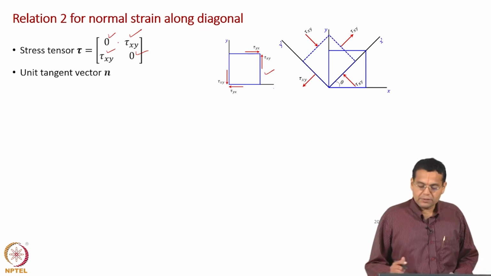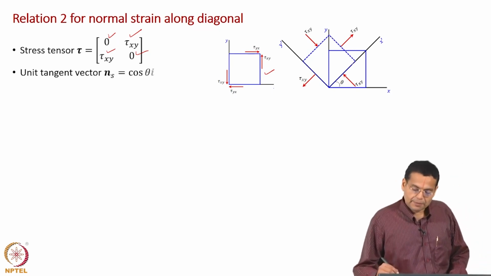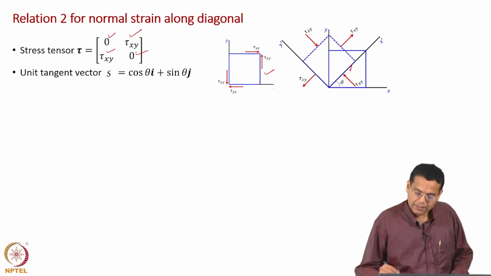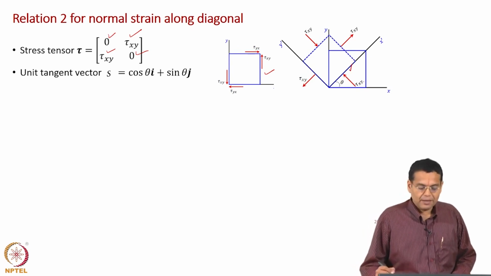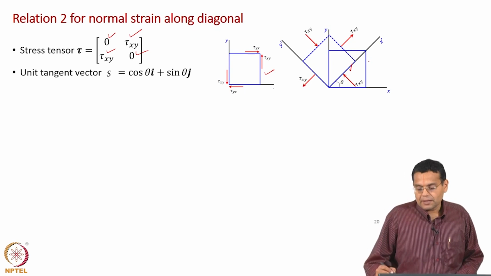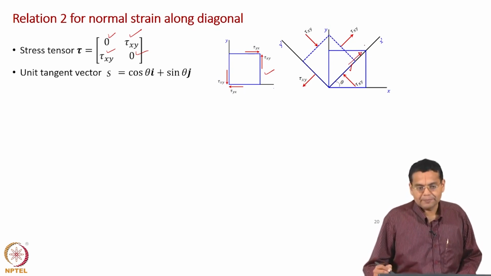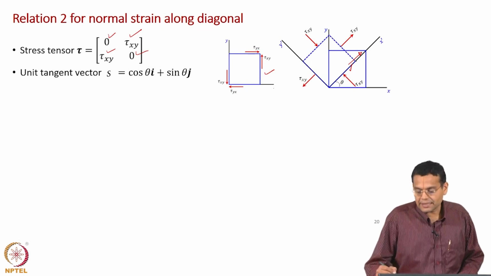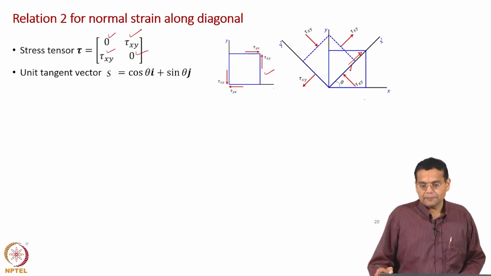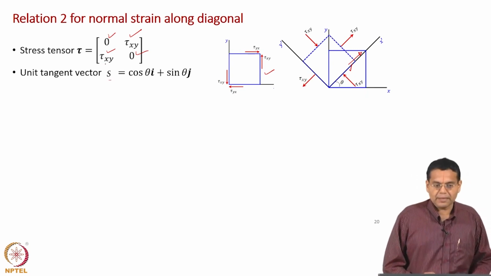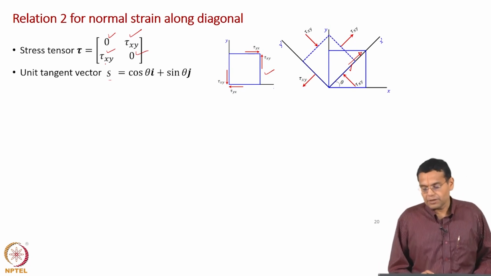Now, I want to consider a plane which is at an angle theta with the horizontal, and I consider a vector along this plane, the tangent vector to that particular plane, which I denote as S based on our usual nomenclature. What is the vector?